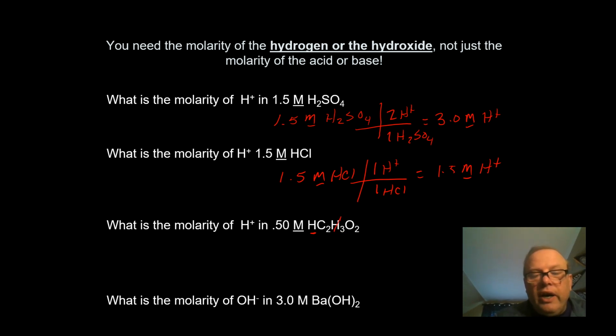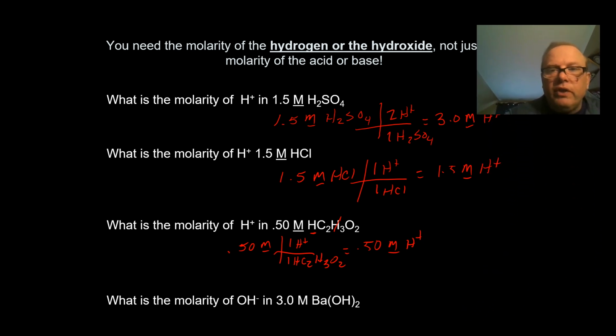We're not going to count hydrogens that are not on the front of this thing. So I'm just showing you this. So it'll be 0.50 molarity times one hydrogen for every one HC2H3O2, and it will stay the same at 0.50 molarity H plus. So you see it most easily there with the acetic acid, which of course is also what's in vinegar.